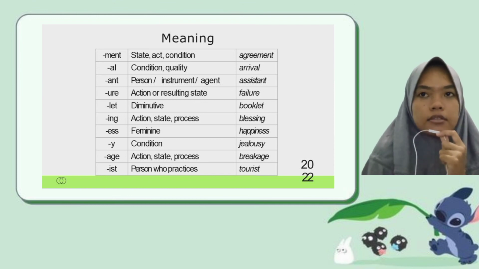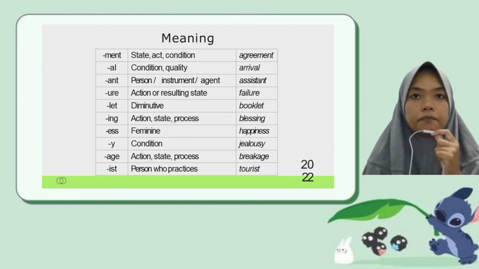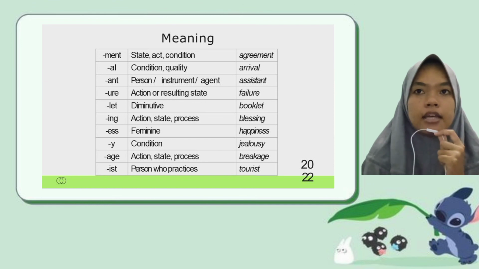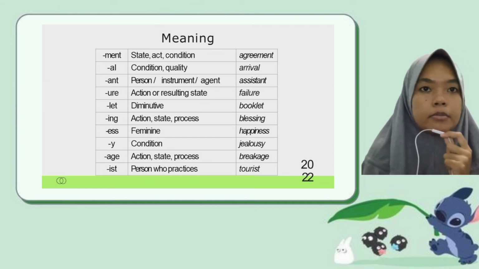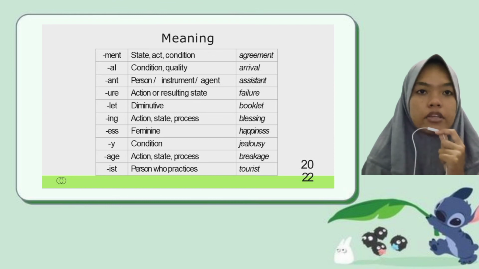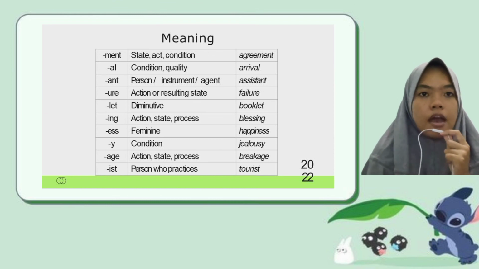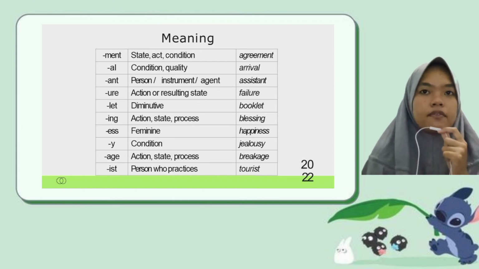The suffix -y has the meaning condition, and for example, jealousy. And the suffix -age has the meaning action, state, and process. For example, breakage. And the last suffix -ist has the meaning person who practices, and for example, tourist.